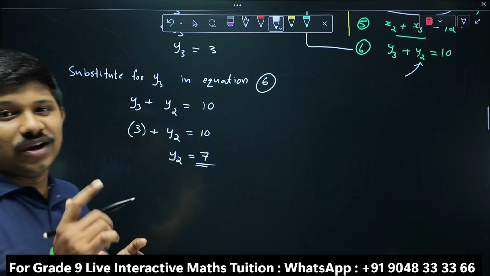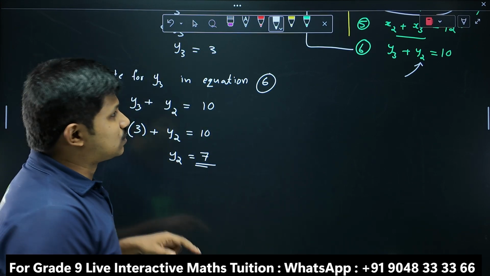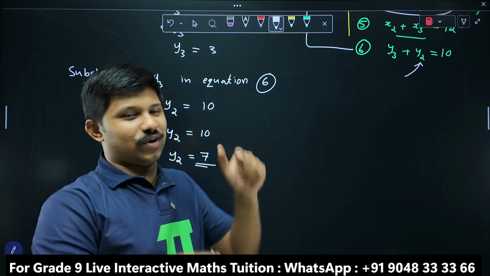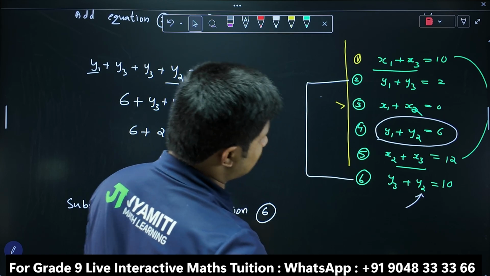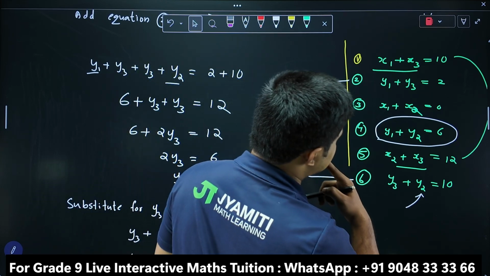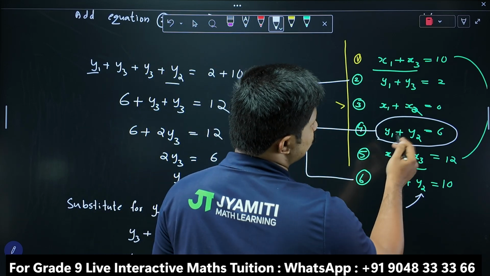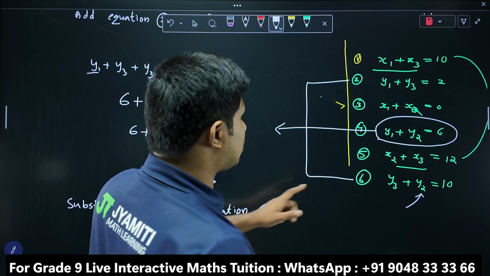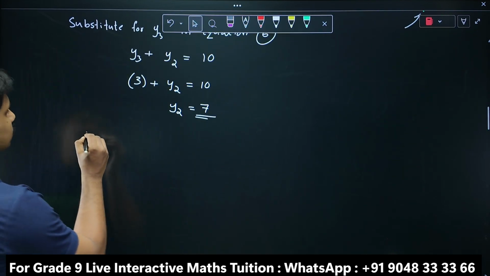Now the remaining one coordinate is y1 only. So let's substitute y2 in the equation containing y1. Where is it? Yes, here in this equation you can see y1 and y2. You can substitute for y2 in equation 4.